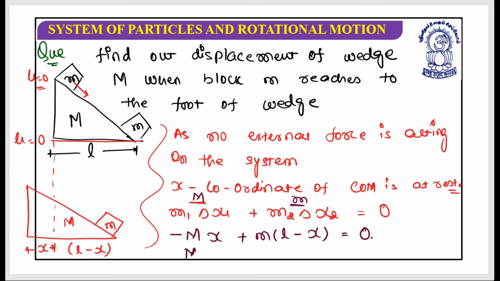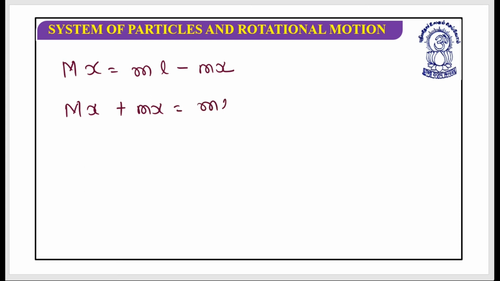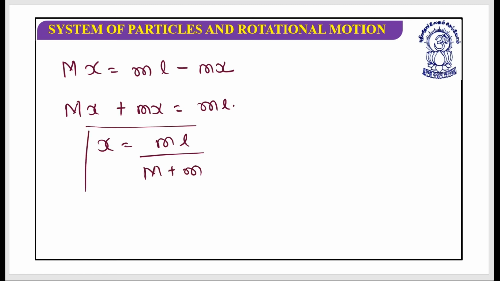So this could be written as Mx equals m into bracket L minus x. When I solve this, it would be Mx equals mL minus mx, so Mx plus mx equals mL. So from this, x equals mL divided by capital M plus small m.